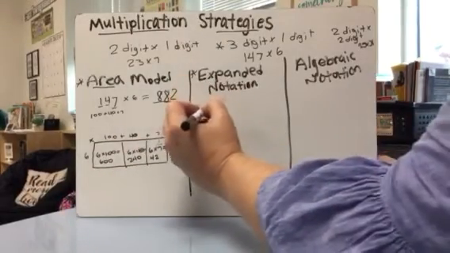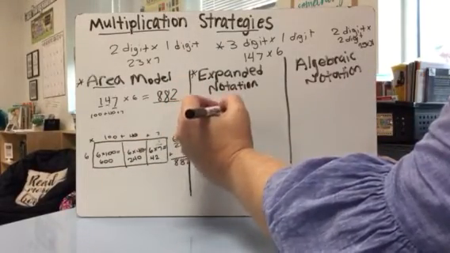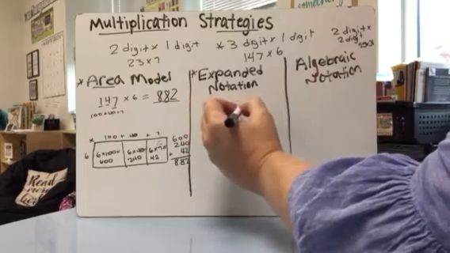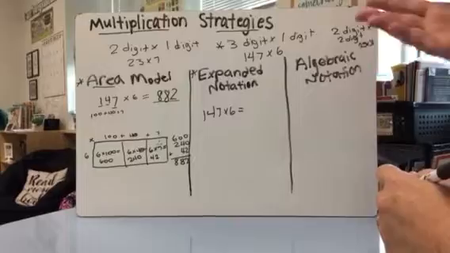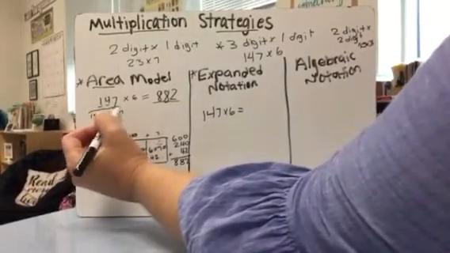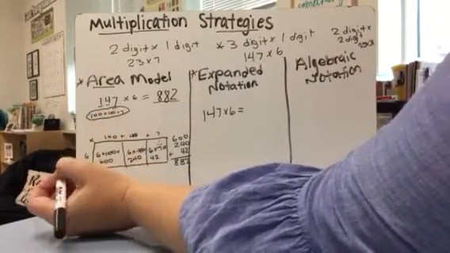So again, we're doing 147 times 6 equals, okay? And so for expanded notation, we are going to use this idea of these values again.